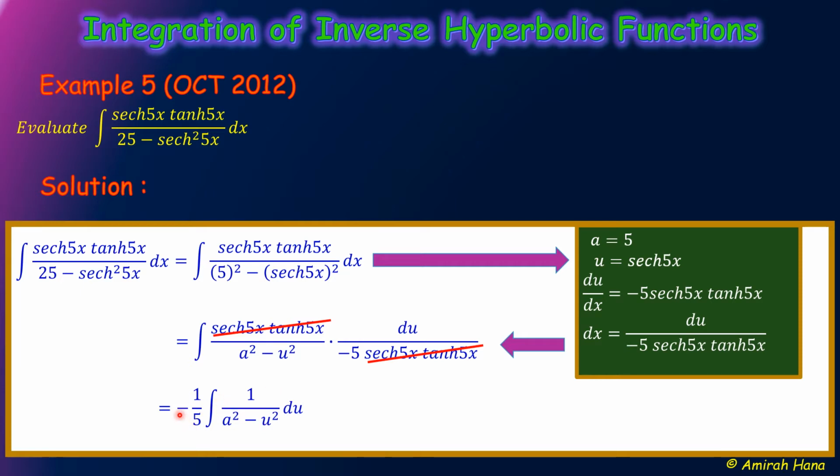Then we can move out the constant negative 1 over 5, because of the negative 5 in the denominator. Inside the integration sign, we have 1 over a squared minus u squared du.